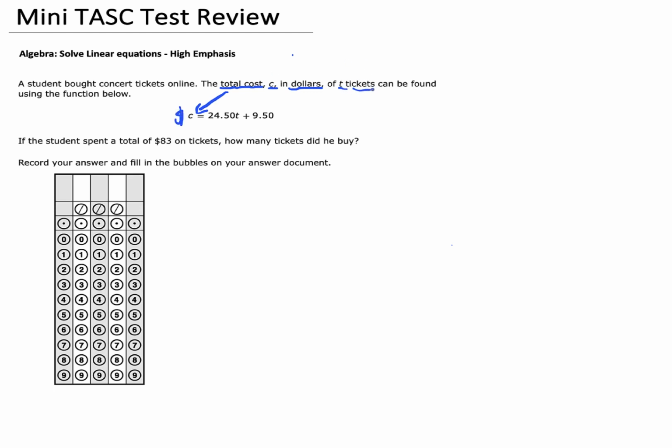So T represents tickets, can be found using the function below. So the function they're giving us is C equals $24.50 T plus $9.50. If a student spent a total of $83 on tickets, the question is, how many tickets did he buy?